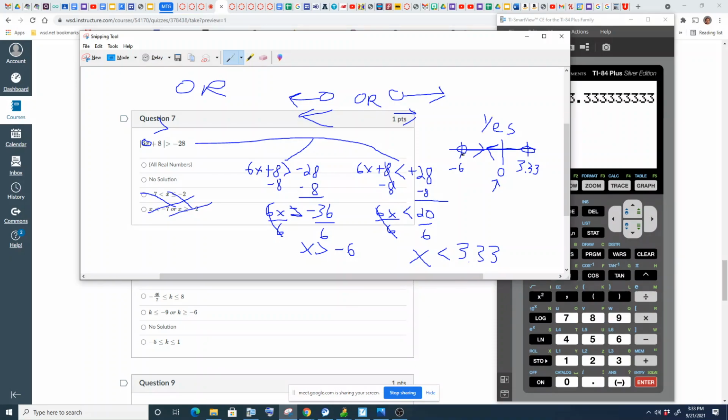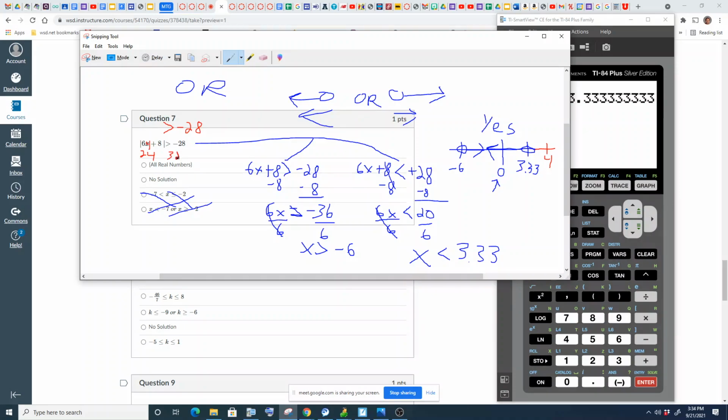But I just had a thought. Take a look at this. This is actually saying anything can be greater than negative 28. That's interesting. So what if I choose a number over here on this side of the number line? For example, what if I choose 4? That's greater than 3.333. Well, 6 times 4 is 24, and 24 plus 8 is 32.